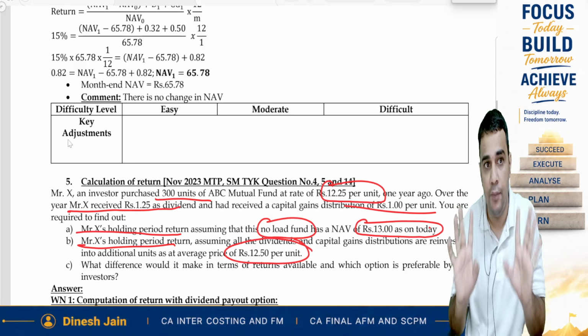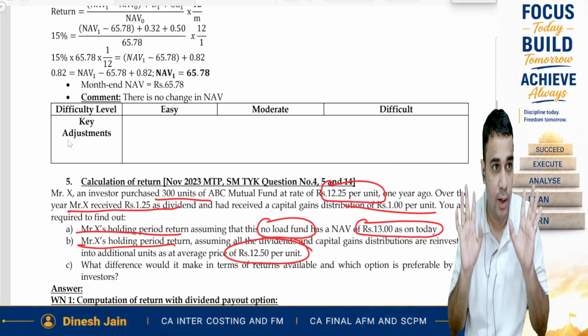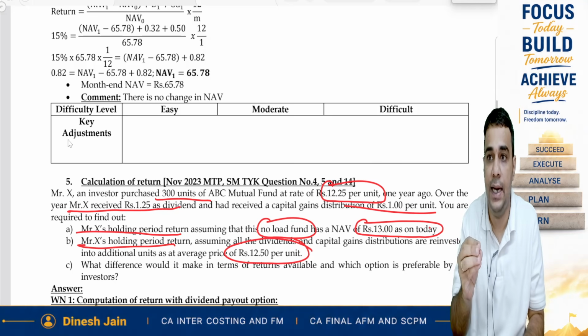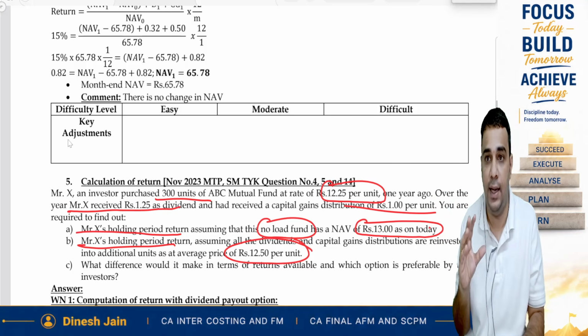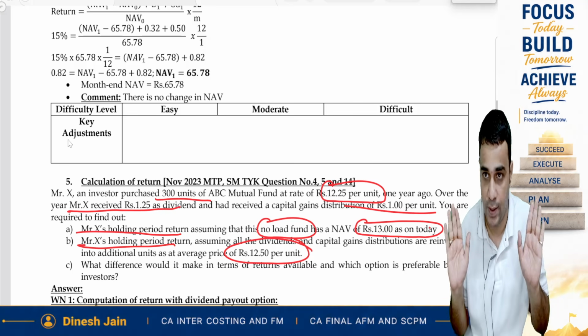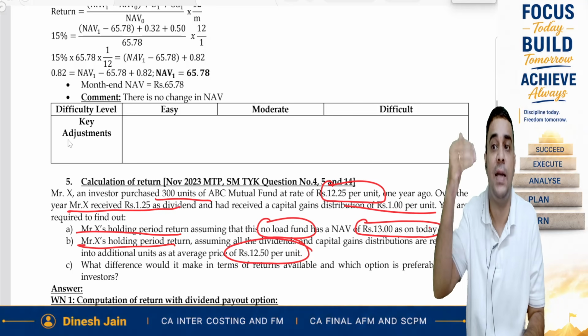Both are dividend only. If they give a date, one could be on one date, another one on another date. Nothing is mentioned in the question. Later you will see multiple dividends problem.